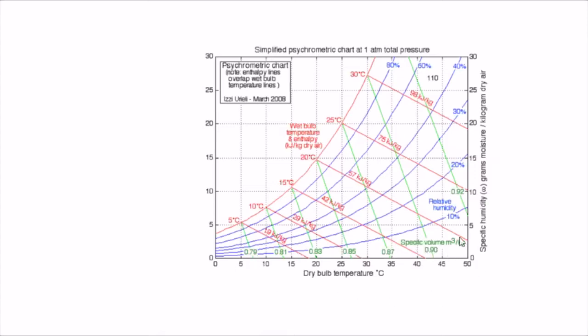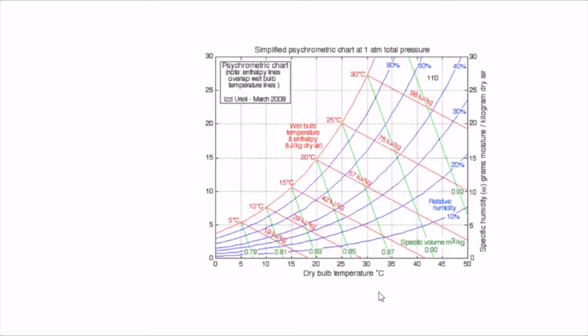Now on the y-axis, there is the specific humidity. The values 5, 10, 15, 20, 25, 30 are all in grams, not in kg, so grams of moisture per kilogram of dry air. Don't worry about it. These y-axis values are all specific humidity, omega.